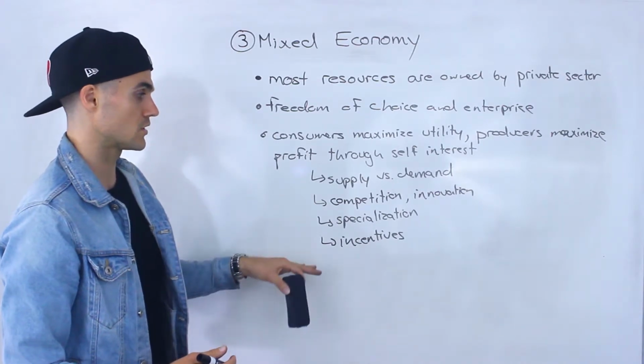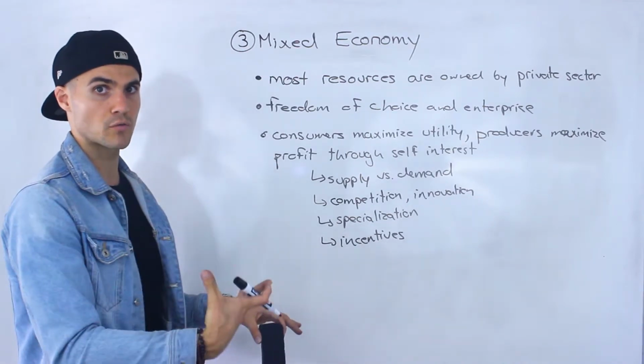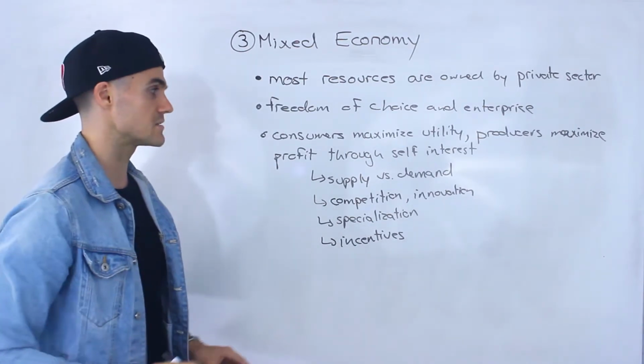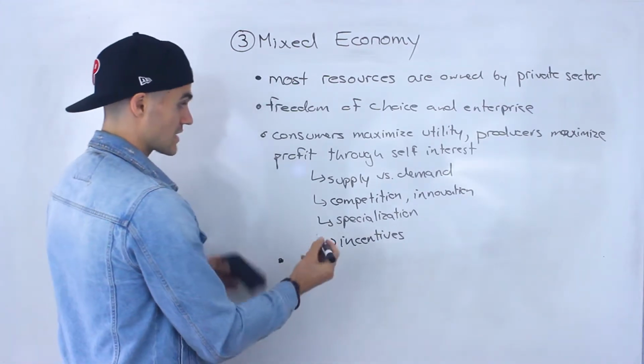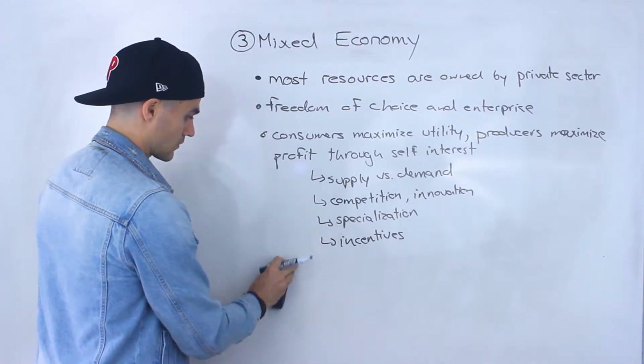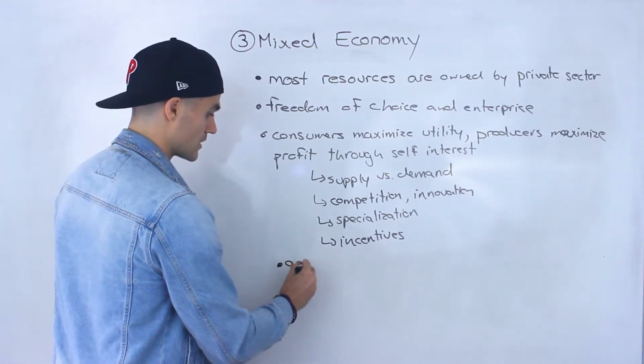So a producer might have incentives to supply more of a product, produce more of a product, if there's that demand for the product. Now, there is government involvement, right? It's not like there's no government involvement like there was in a free market.